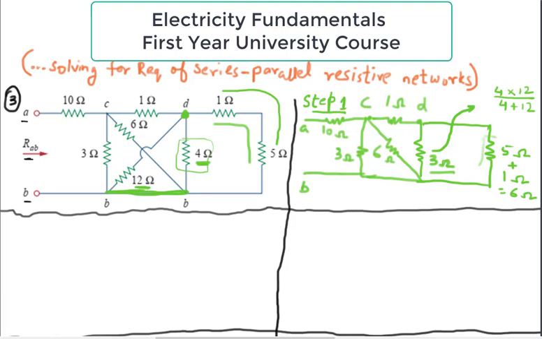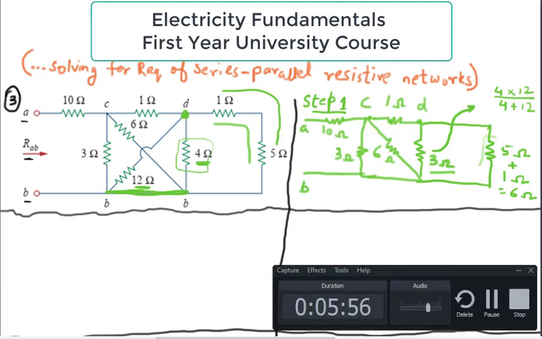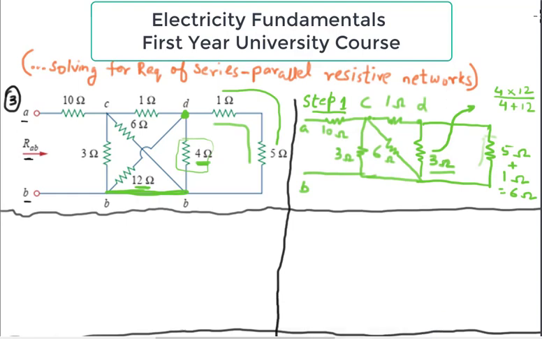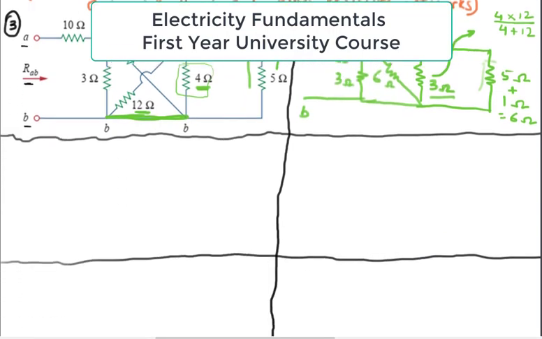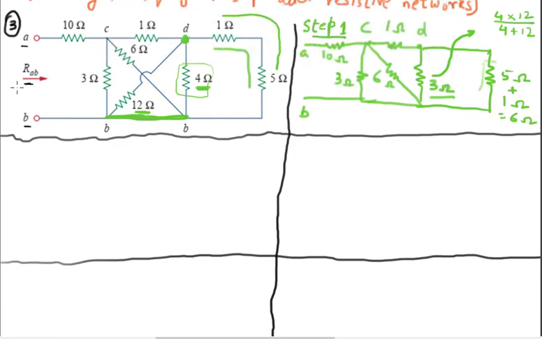Moving to the second step of this solution, we are going to again reduce the circuit, and let me do that here. So step number 2 of the solution, what can be done now? Now if you see the circuit in step 1, it's quite clear that the 3 ohm resistor and this new 6 ohm resistor are in parallel.